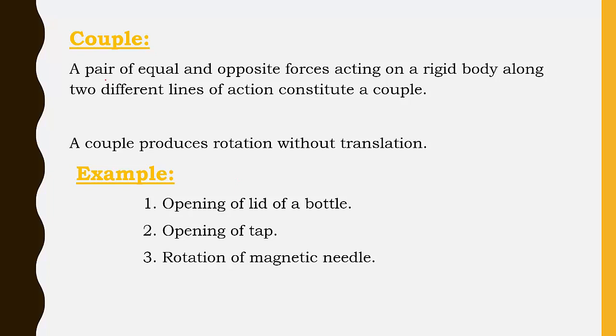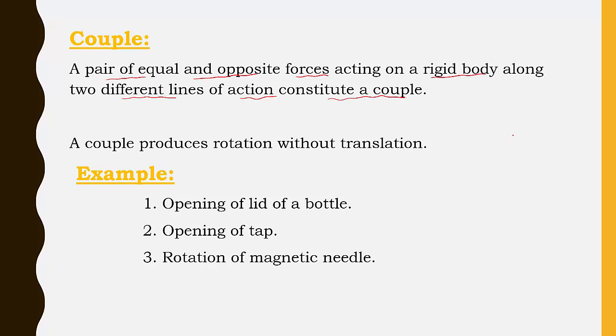A couple is a pair of equal and opposite forces. It means we consider two forces, both having the same magnitude but opposite in direction. A pair of equal and opposite forces acting on a rigid body along two different lines of action constitutes a couple.